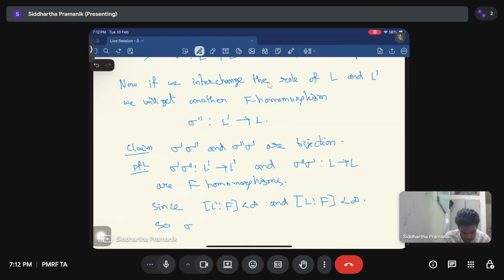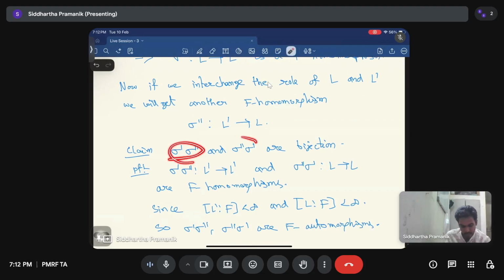So these two are F automorphisms. Since composing from both sides is giving bijections, they are themselves bijections.